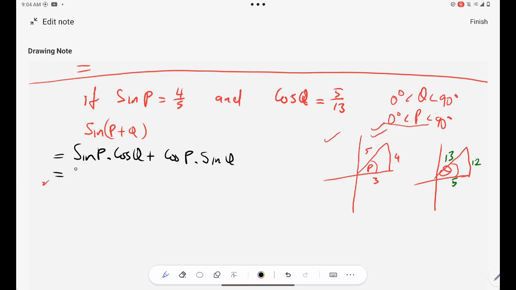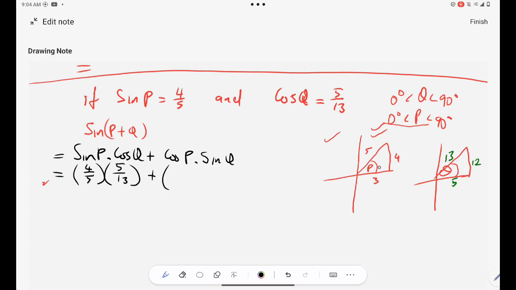So this thing will simply give me the sine of angle P. I go to the triangle with angle P. It's y over r, 4 over 5. Cos of angle Q is 5 over 13.